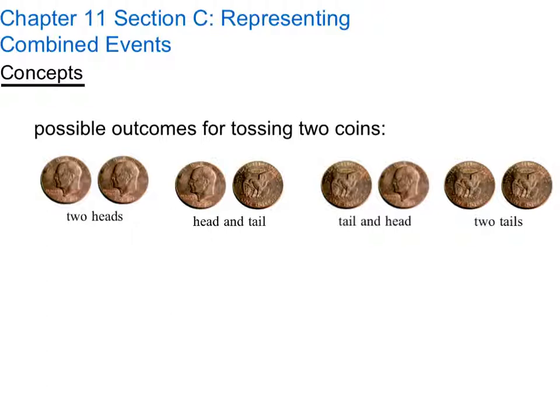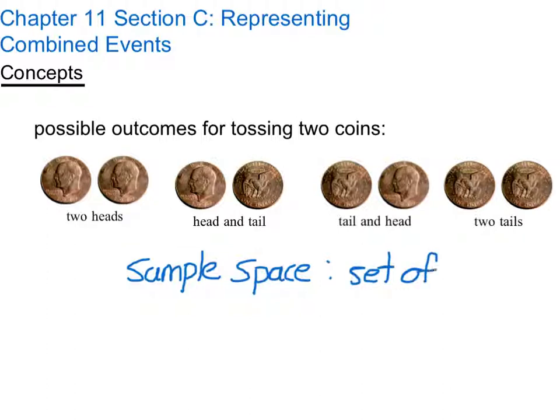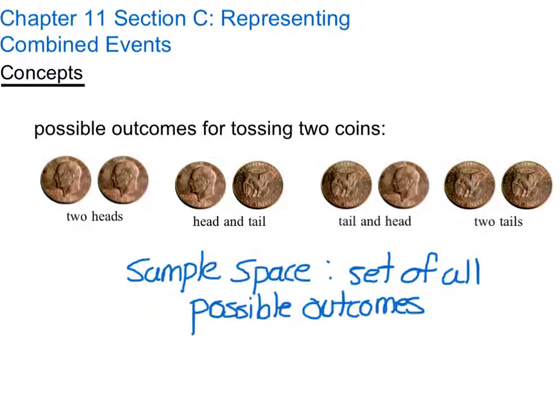These four outcomes are what we call the sample space for the experiment. And the definition is really just the set of all possible outcomes. So we need to remember how to use set notation from Chapter 1 as we move through Chapter 11 on probability.